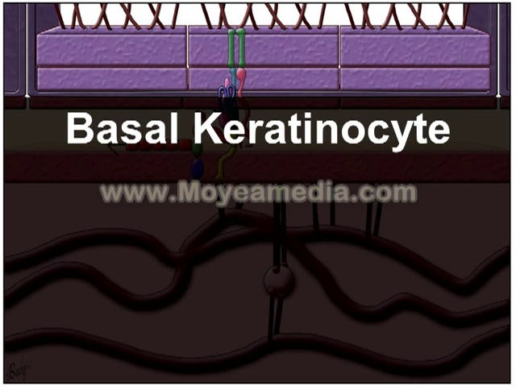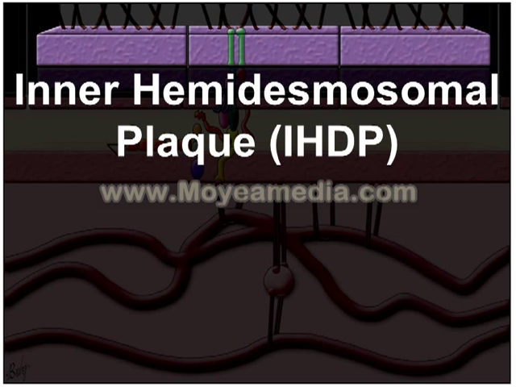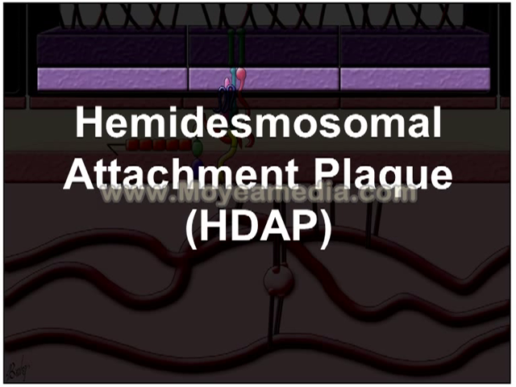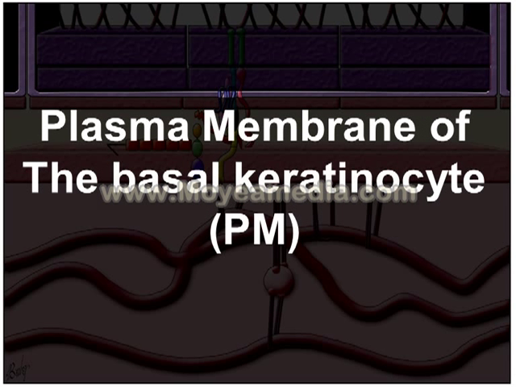First, we'll focus on the components within the basal keratinocyte. The keratin intermediate filaments are located above and really throughout the cell structure. Then there's the inner hemidesmosomal plaque, the hemidesmosomal attachment plaque, the plasma membrane of the basal keratinocyte.